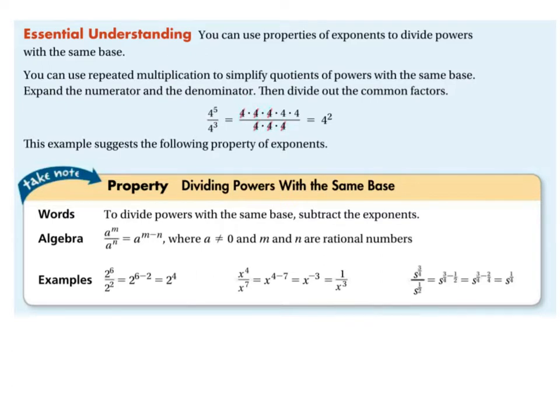So here's the idea. 2 to the sixth divided by 2 to the second. You do 2 to the sixth minus 2, and that becomes 2 to the fourth. Again, if we were to write it out, 2 to the sixth is 2 times 2 times 2 times 2 times 2 times 2 divided by 2 to the second, 2 times 2, and then that cancels, that cancels, and what are you left with?